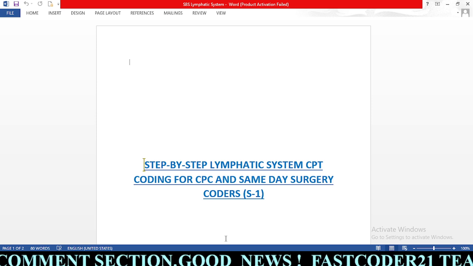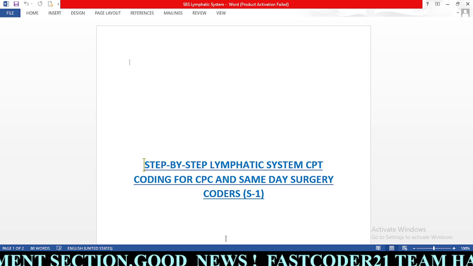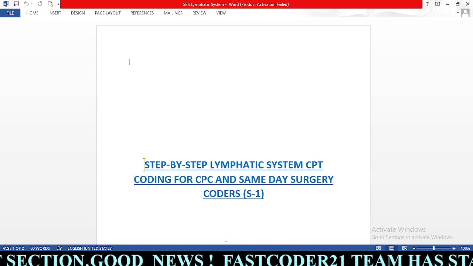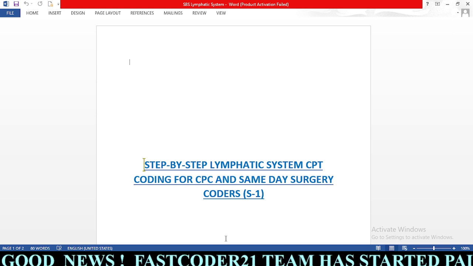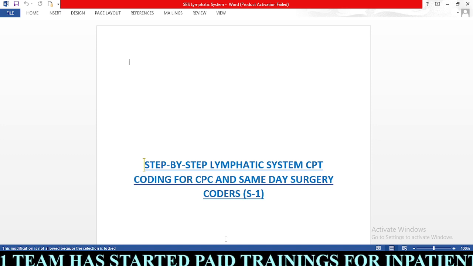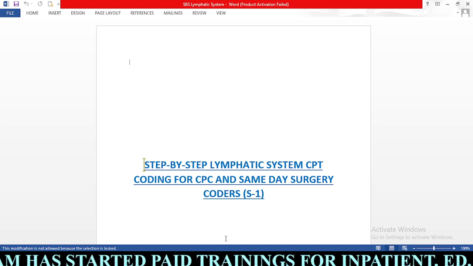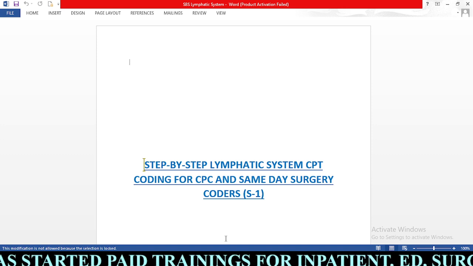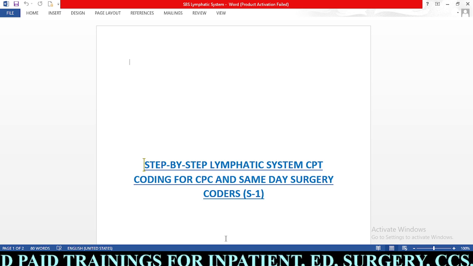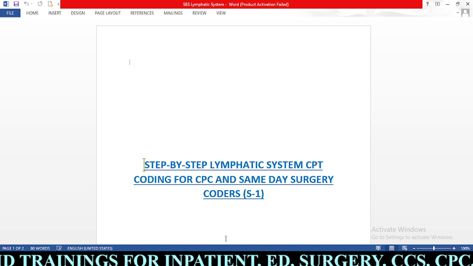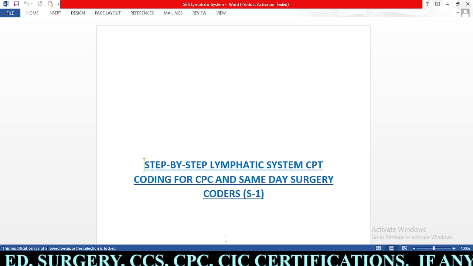Lymphadenopathy is the enlargement of one or more lymph nodes, and lymphoma is a cancer that originates in the lymphatic system. And also, we will find lymphedema and splenomegaly. So what is lymphedema? Lymphedema is swelling of the extremities from accumulation of interstitial fluid. Splenomegaly is enlargement of the spleen.